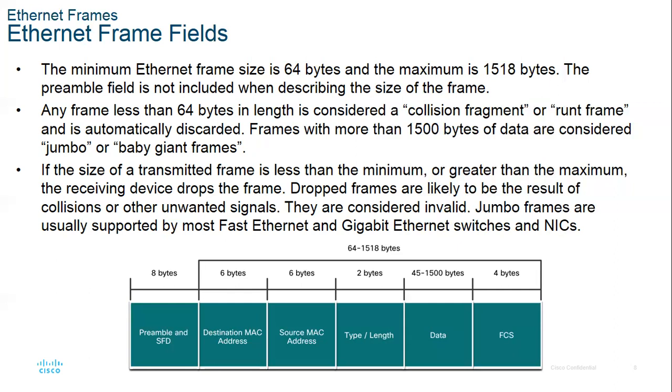The source MAC address is also 6 bytes, which means 6 times 8 equals 48 bits, and we have 2 bytes as the type and length field. These 3 fields, destination MAC address, source MAC address, and type/length field, form the header of the data link layer, which is the Ethernet protocol.